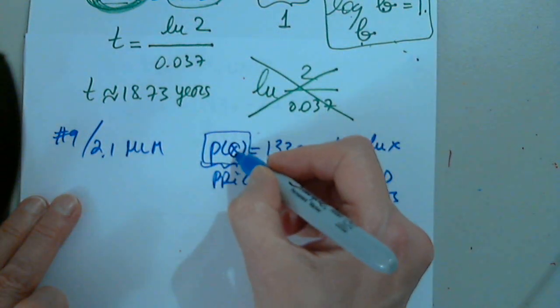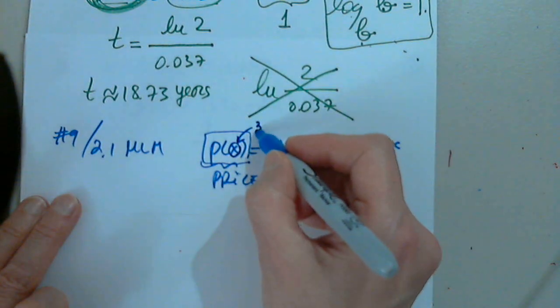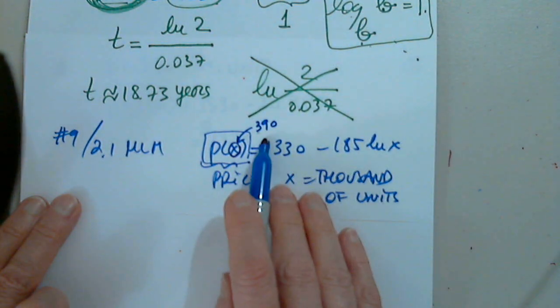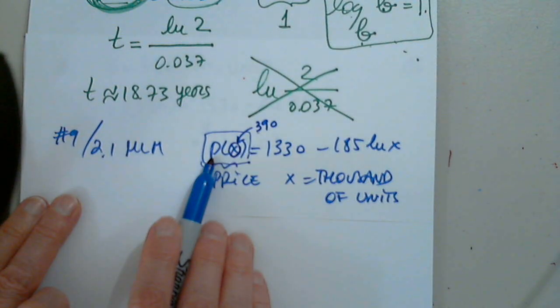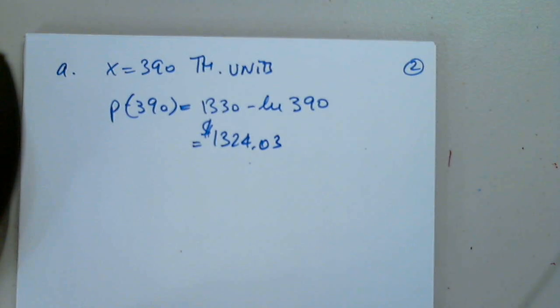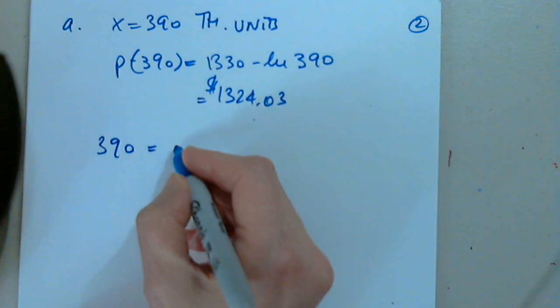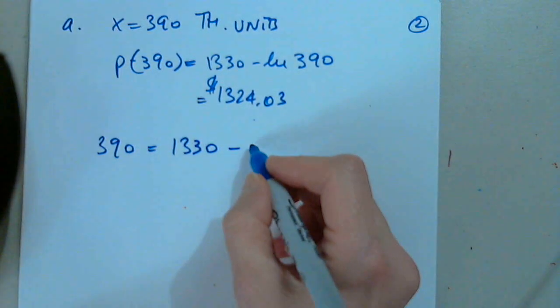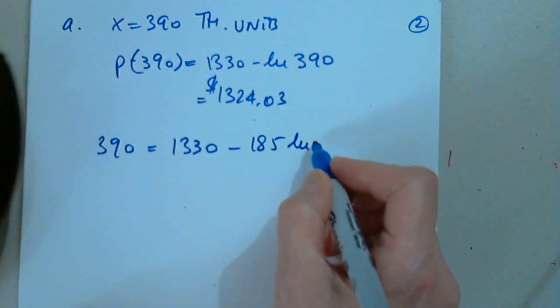This is 390,000, not this whole thing. So 390 equals 1330 minus 185 natural log x.